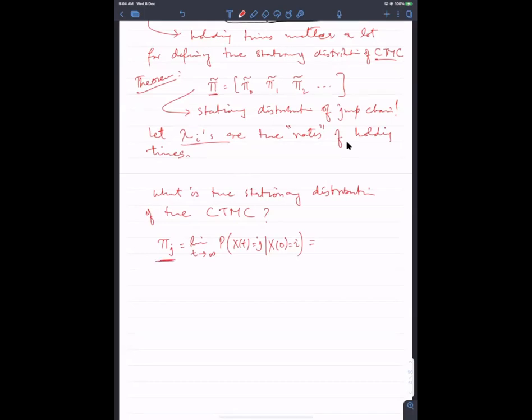Okay, pi j would be equal to pi j divided by sum of all the pi's. But now we don't have pi j's. वो तो हम find out कर रहे हैं. We have pi j tilde. Okay, pi j tilde, and then you have summation upon all k, an element of the state space, pi k tilde.